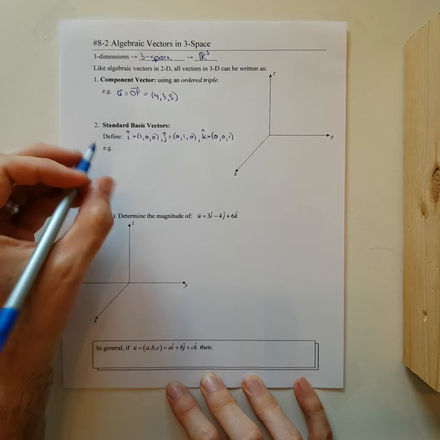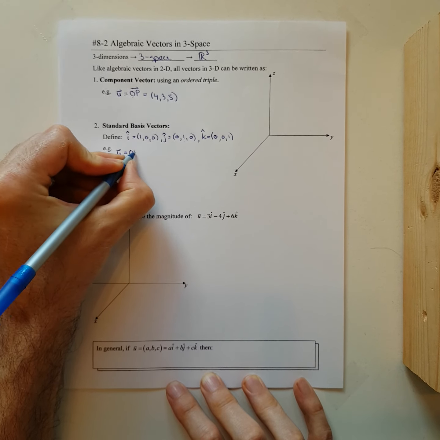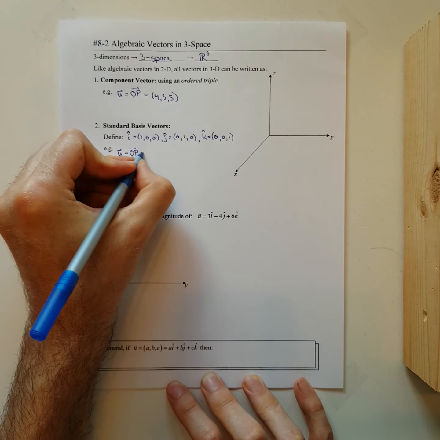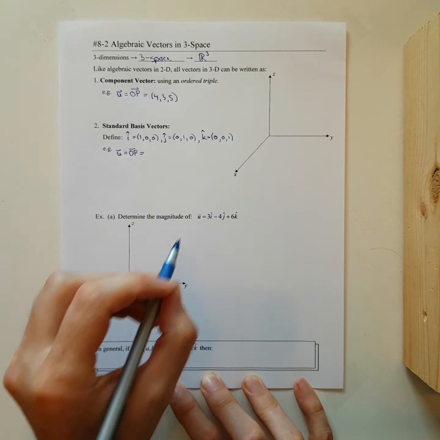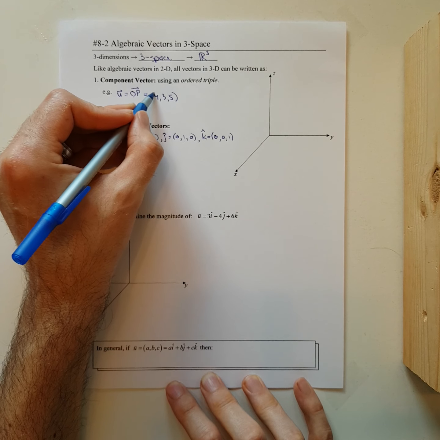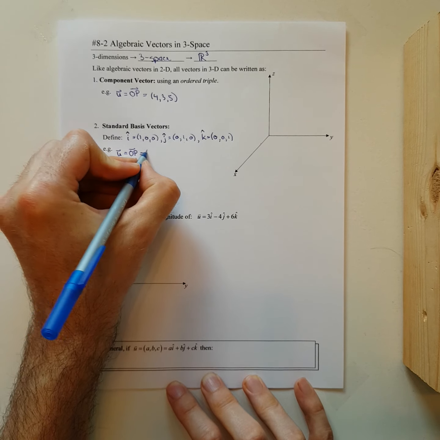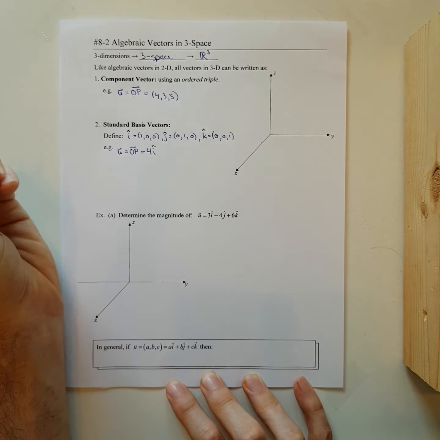So I could take this same vector u, or vector OP, and I could now write this using these standard basis vectors the same way we did in 2 dimensions. In other words, if I'm moving 4 units in the x direction, I would need 4 of these, so I would have 4i.